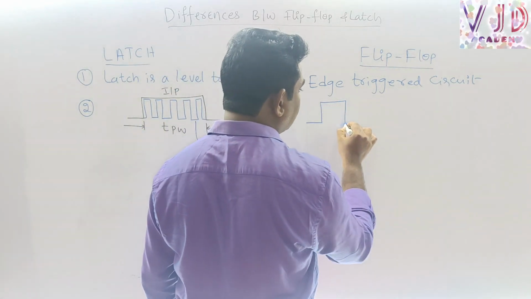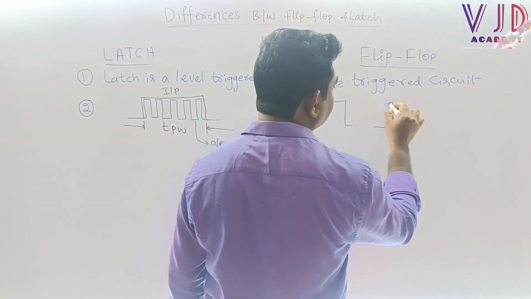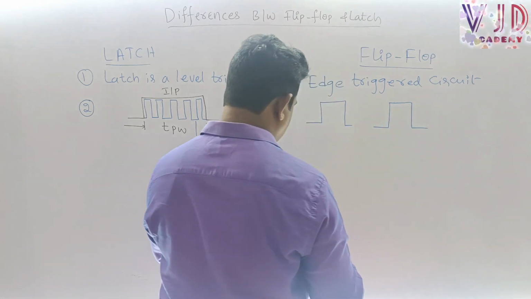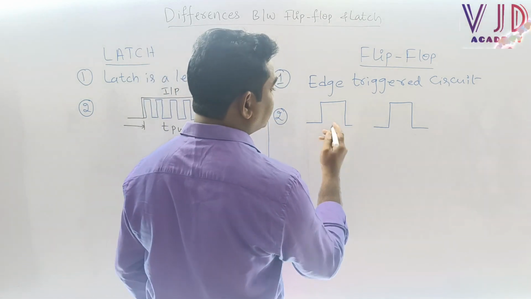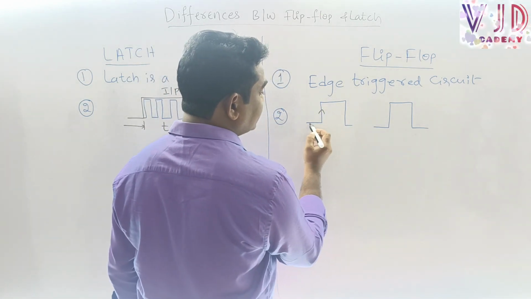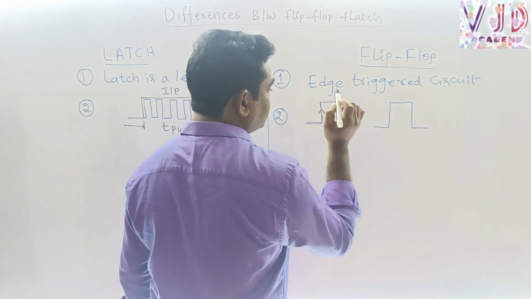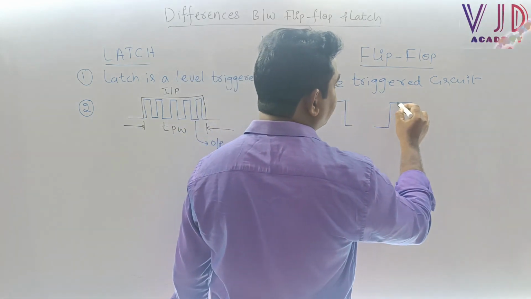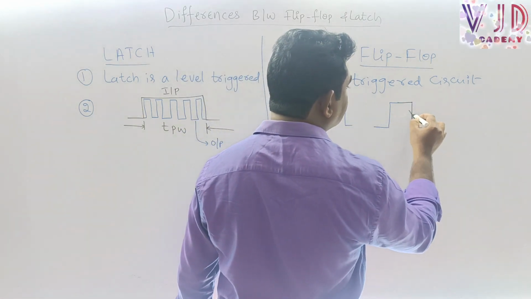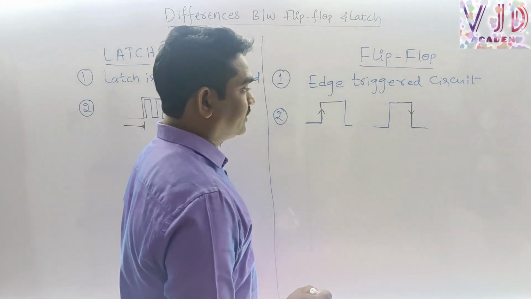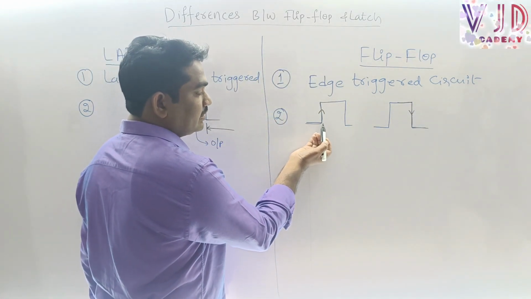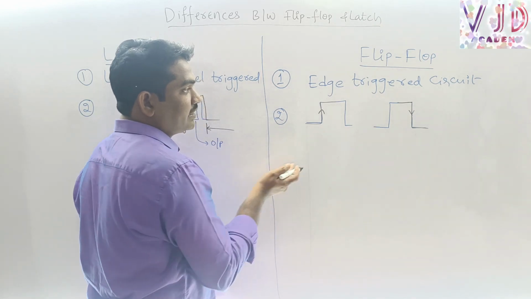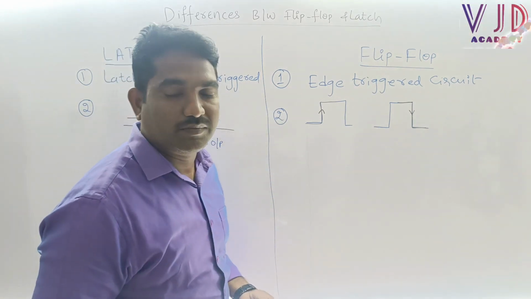It basically has two types of edges: one is the positive edge and the other is the negative edge. What is the positive edge? If you see, this is the rising edge, and also we can say positive edge. And the negative edge is the falling edge, or we can say negative edge. Whenever we apply a positive edge trigger like this, only then the input may be accepted by the flip-flop inputs.